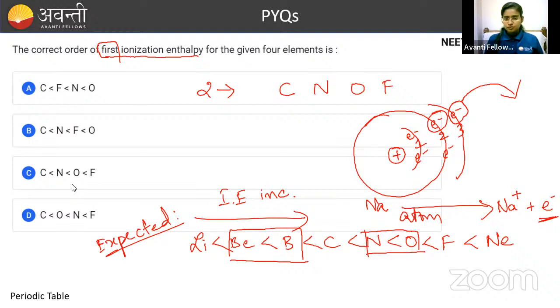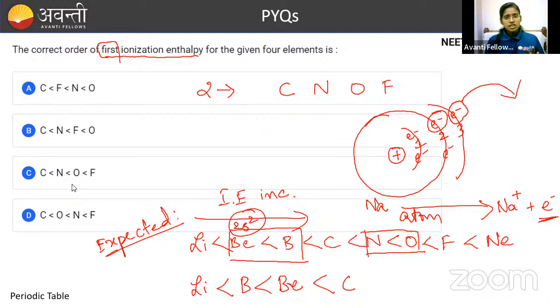Because of the completely filled shell of beryllium, which has 2s2 configuration and is more stable, more energy is required to remove the electron from beryllium compared to boron. So boron will have the least value, then comes beryllium, here is lithium, then carbon. Nitrogen has half filled configuration 2p3, but oxygen has partially filled configuration 2p4.